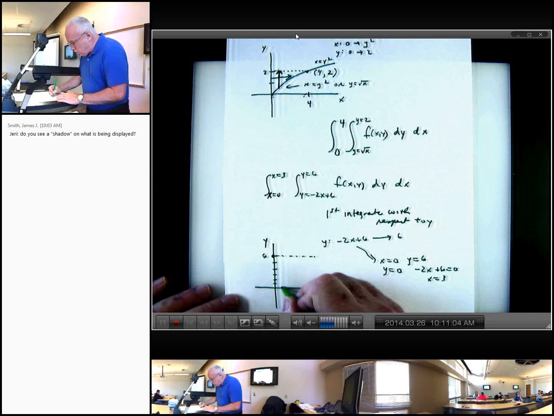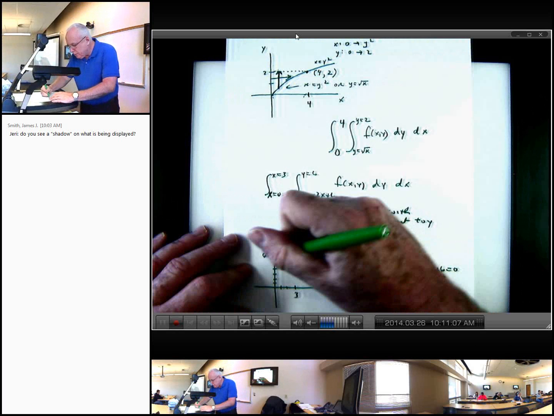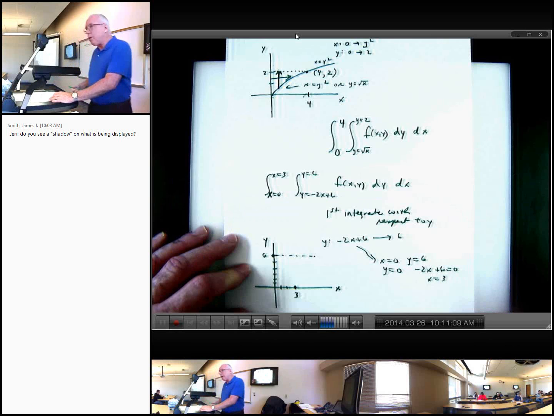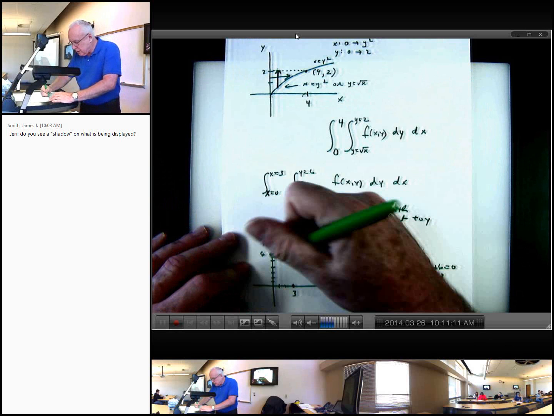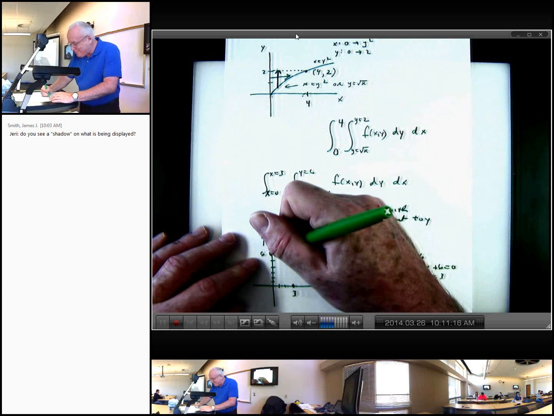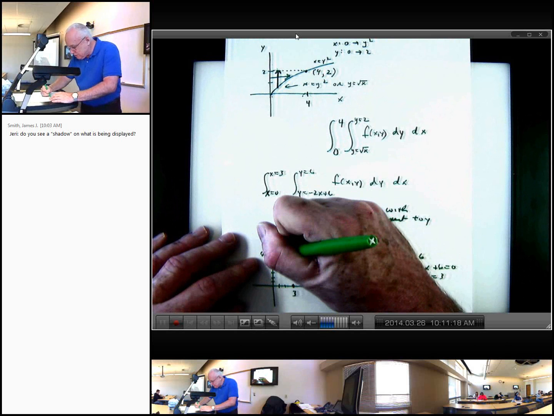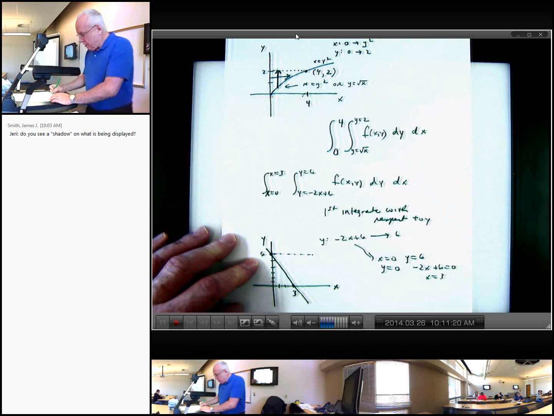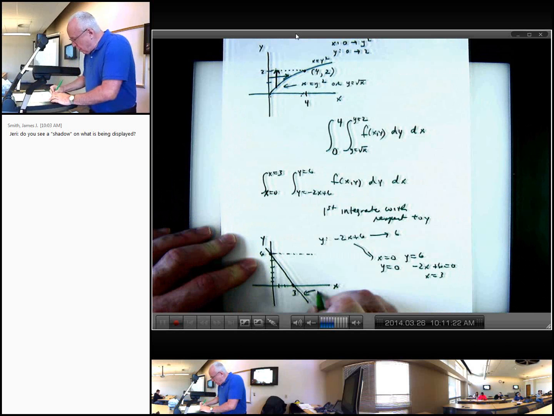So let's go 1, 2, 3. So this line here, connecting these 2 points on the axes is this right here. All right. So this is the line y equals minus 2x plus 6.